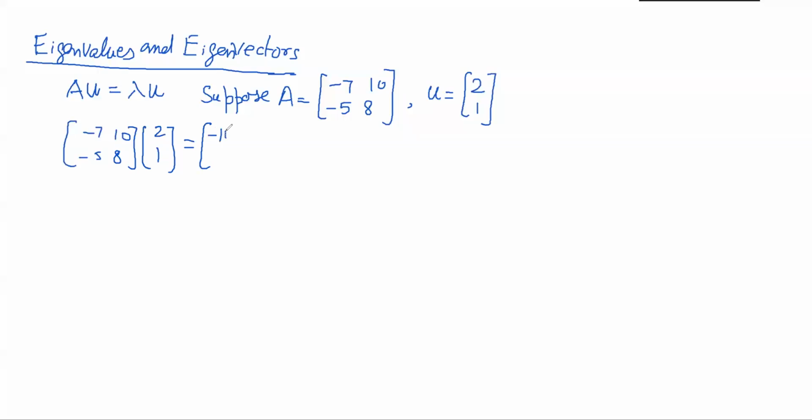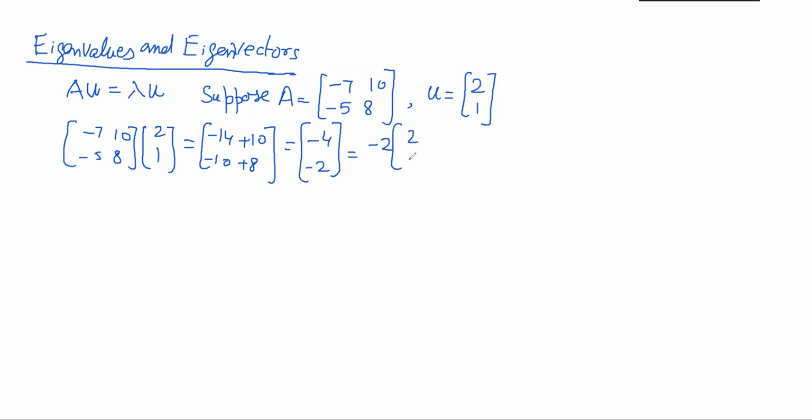It will be minus 14 plus 10, and minus 10 plus 8. So from the matrix multiplication, we find it is minus 4 and minus 2. From minus 4, minus 2, we can take a common multiple of minus 2.